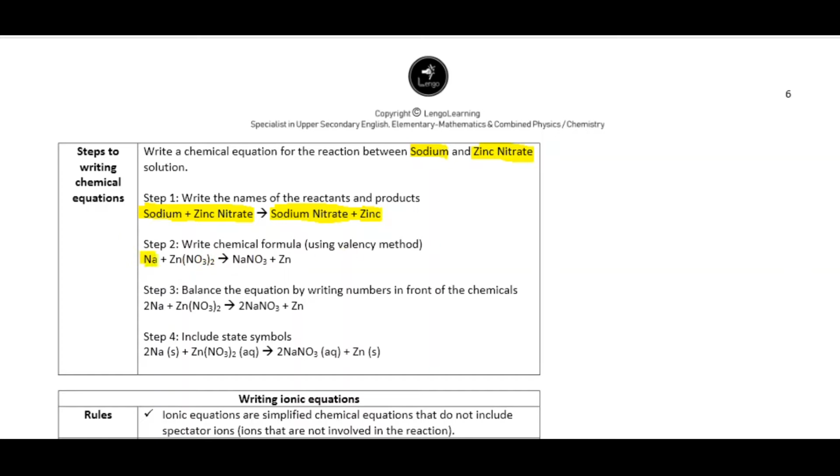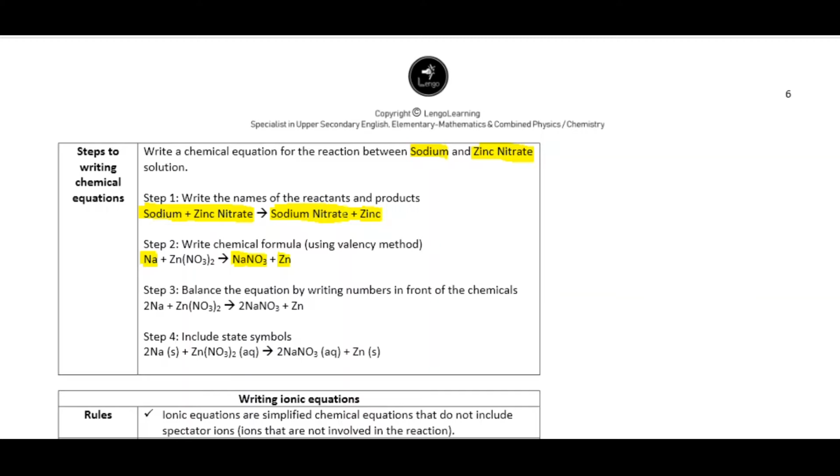Sodium metal is just Na, very simple. Zinc will be Zn. Sodium nitrate: sodium is the metal, so it's written in front, no change to its name. Nitrate will be as given in the table above. It is a polyatomic ion, and its chemical formula will be NO3 minus.